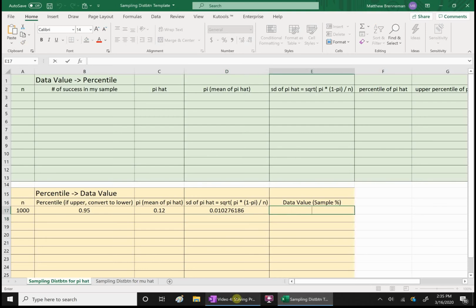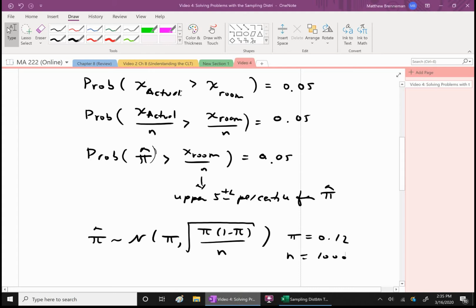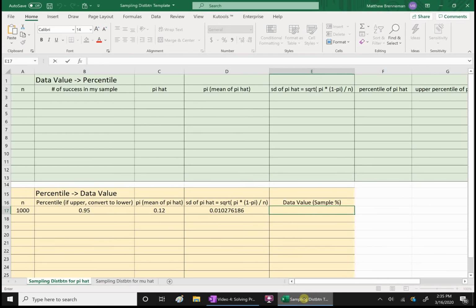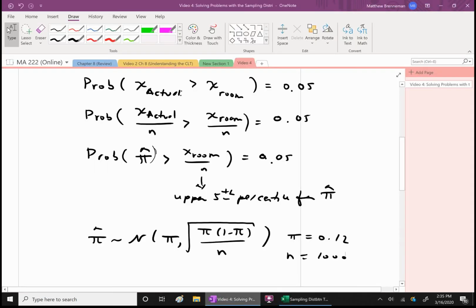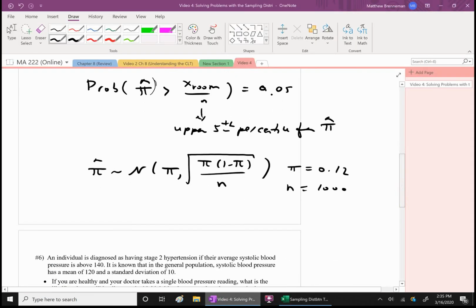And let's just sketch out what is going on here, okay? So notice that roughly it's 12% and the standard deviation is 1%, okay? So if we sketch out what's going on with this distribution, the percentage of people that we expect to show up is roughly 12%, and the standard deviation is 1%.